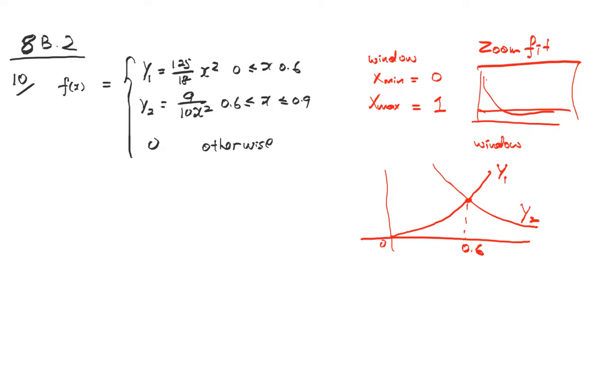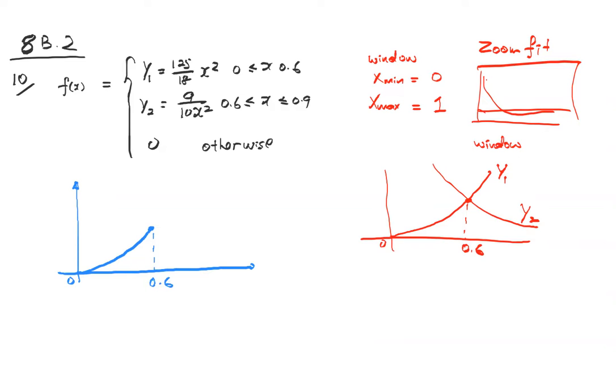Ready? Okay. So now how are we going to sketch the graph for this? This is what the graphic calculator showed you. What I need to do when I sketch is, until here I stop, 0.6.